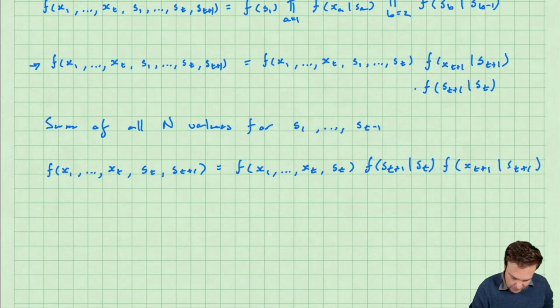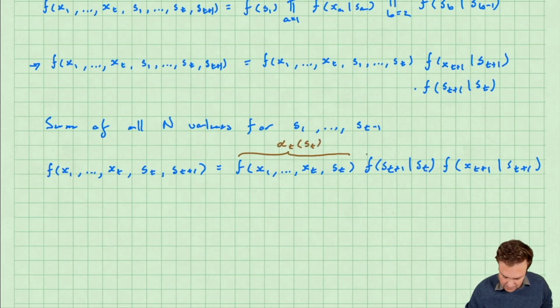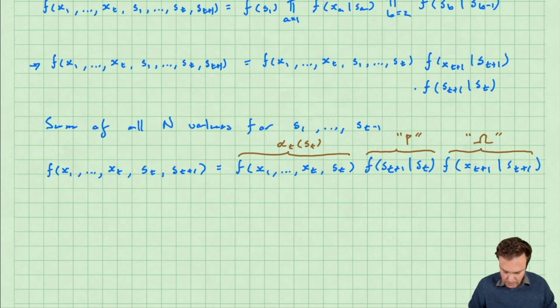Because maybe you can see it already. This thing here is alpha sub t, s sub t. This is an element of the P matrix, so I'll just put P in quotes. That's the one-step transition probability matrix. And this guy is an element of the omega matrix. So what we're trying to do is build this up into the matrix equation form.